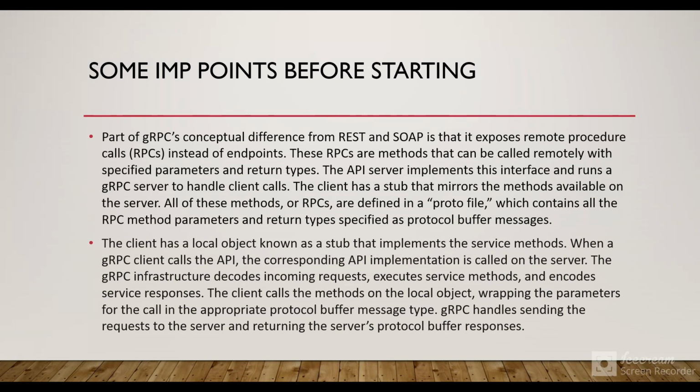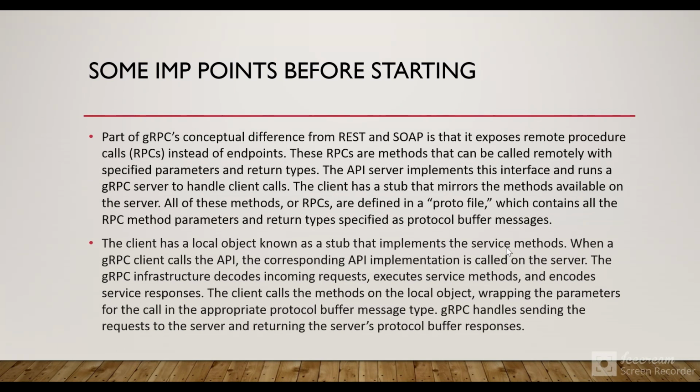The client has a stub that mirrors the methods available on the server. All of these methods or RPCs are defined in the .proto file, which contains all the RPC method parameters and return types specified as protocol buffer messages. So we'll have a stub on our client side. What is a stub? Basically, the client has a local object known as a stub that implements the service methods.